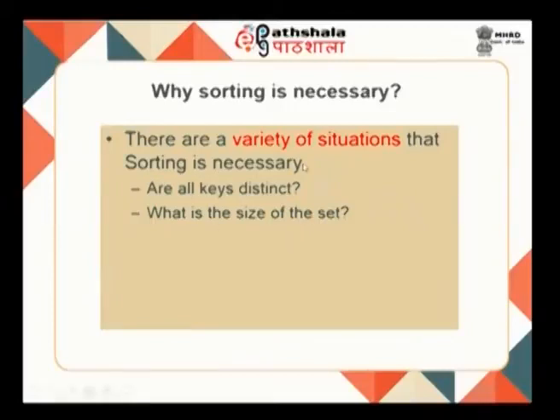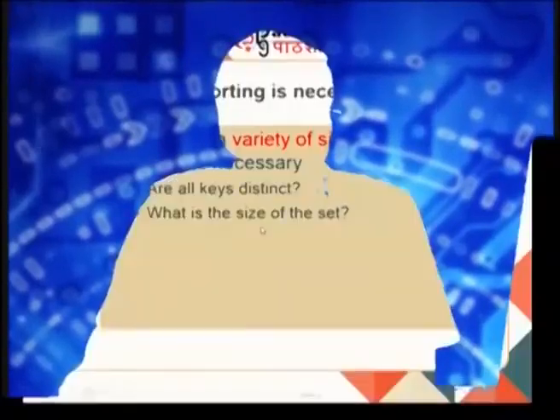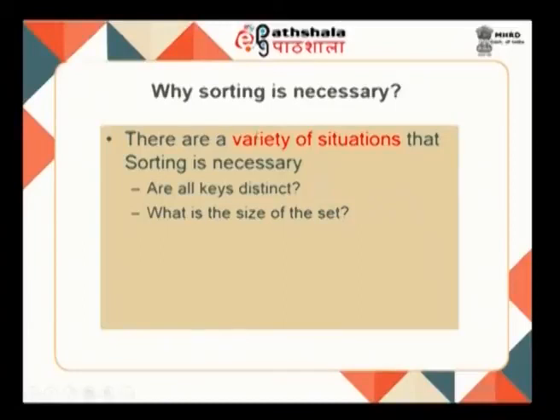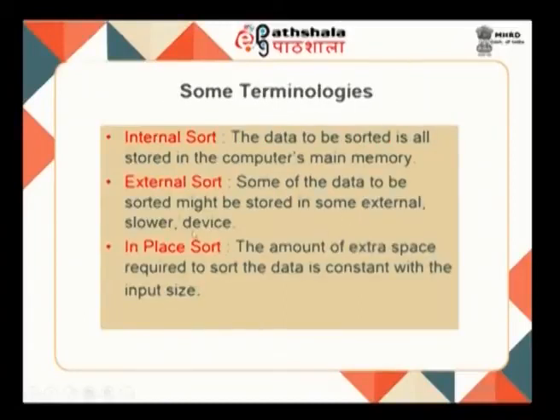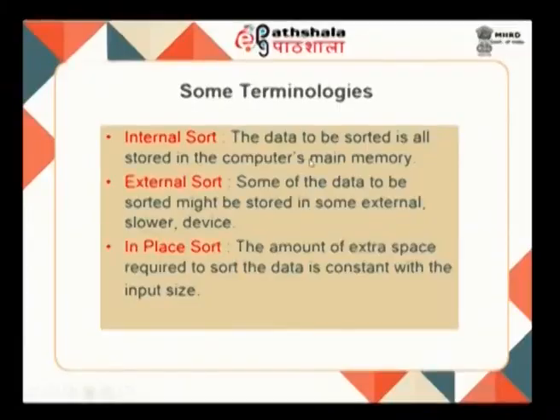You can see there are many situations where I have to find whether the keys are distinct. Sometimes I may want to know the count of those keys. For those sorts of situations, sorting is absolutely necessary. Fine, these are some of the terminologies that we normally use. One is called internal sort. In internal sort, all the numbers need to be maintained as part of the computer's main memory.